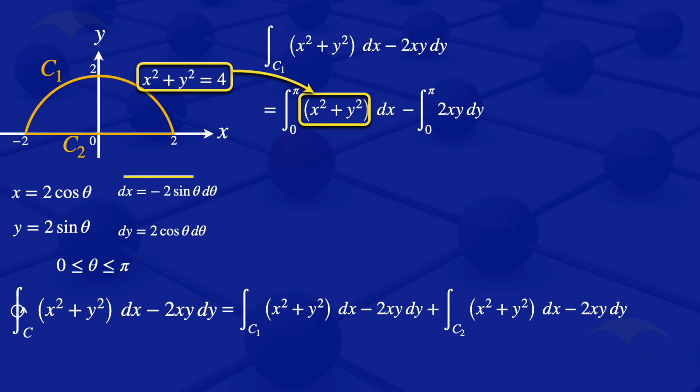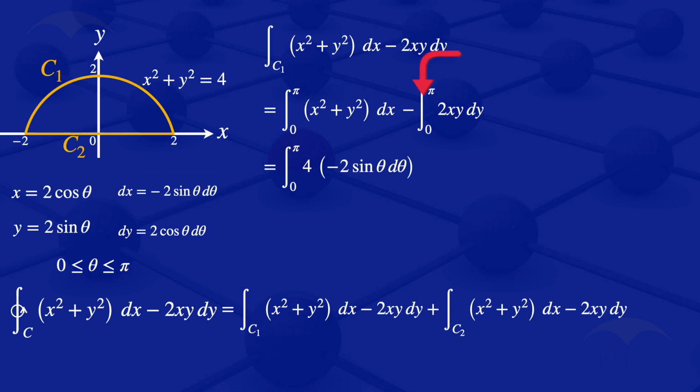We also look at the dx, which is minus 2 sine theta d theta, and put it where we have the dx. That first integral becomes the integral from 0 to pi of 4 multiplied by minus 2 sine theta d theta. Now we look at the second one, the integral of 2xy dy.